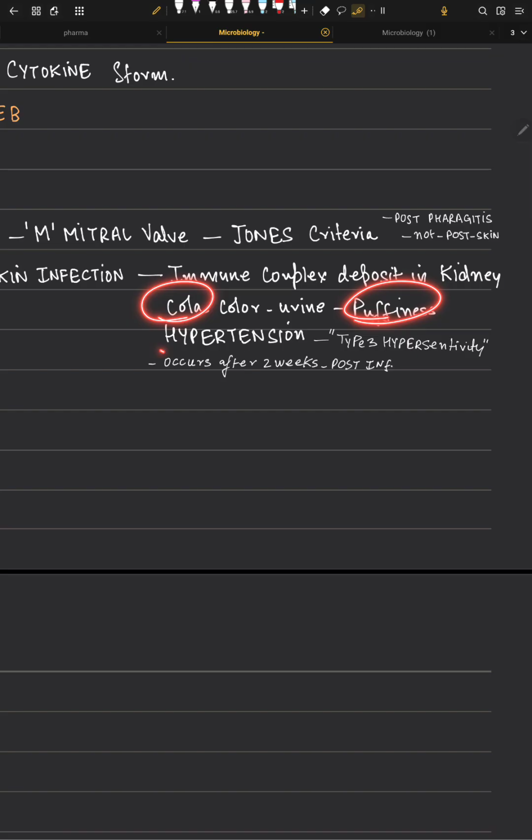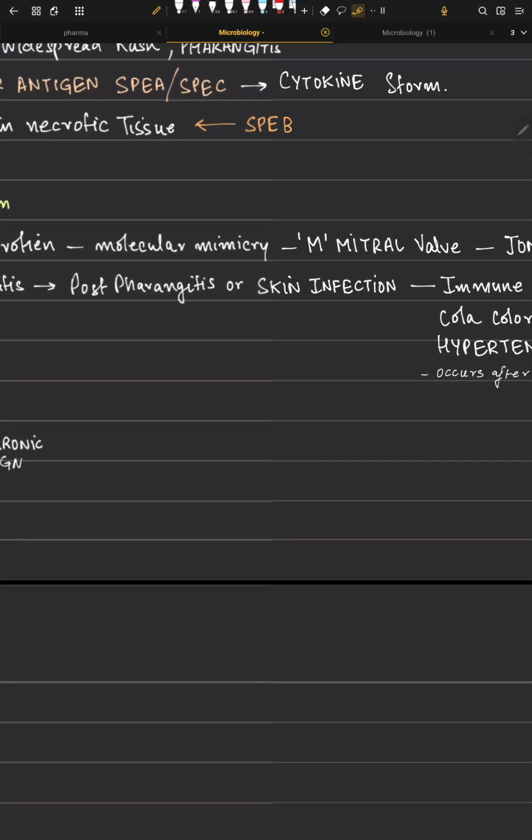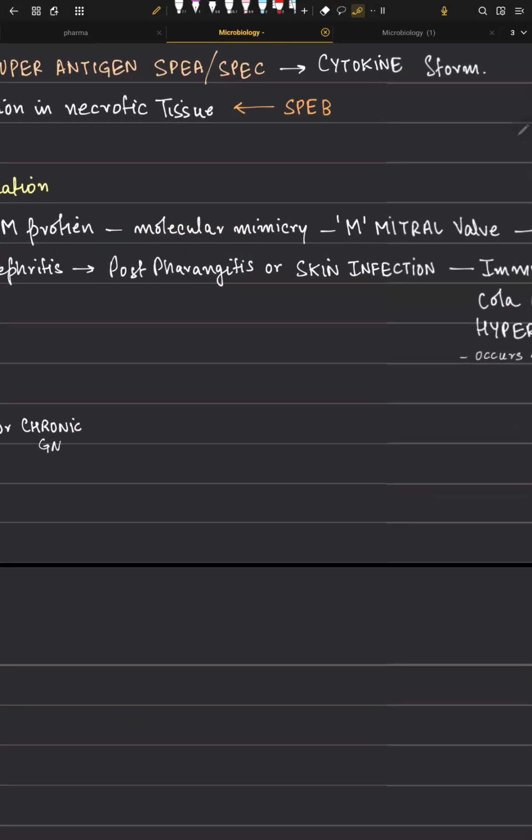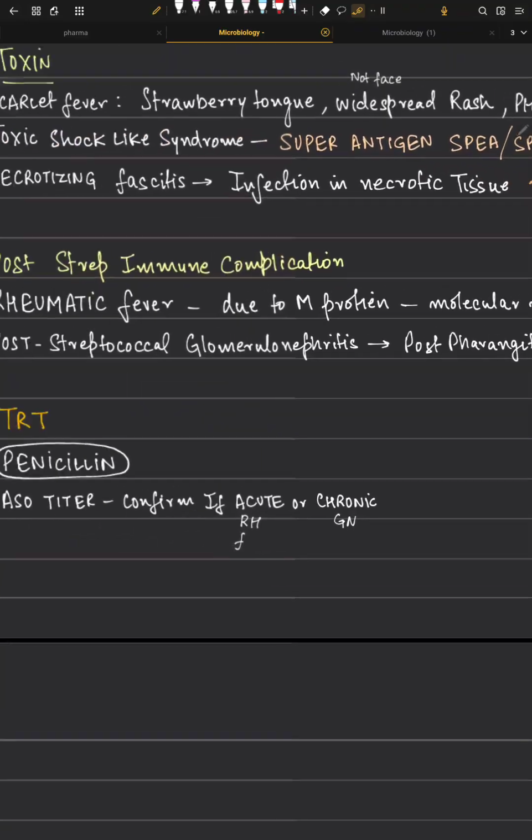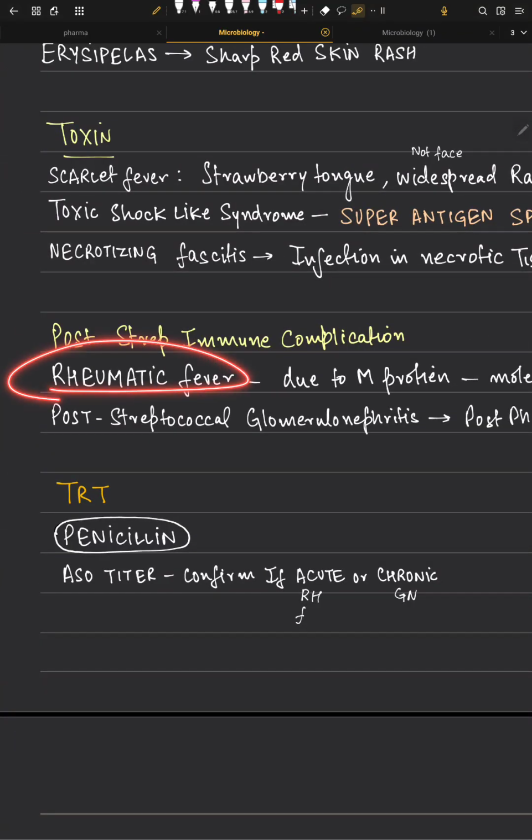You have puffiness, you have hypertension, very typical in glomerulonephritis, and it is type 3 hypersensitivity mediated. It occurs usually about 2 weeks after the infection. It can be post pharyngitis or post skin infection, but rheumatic fever usually happens after pharyngitis, not after skin infection.